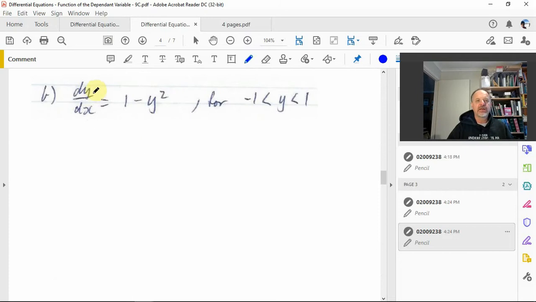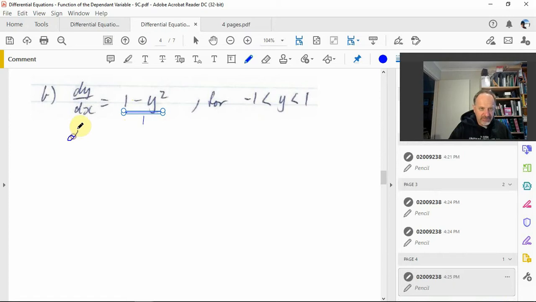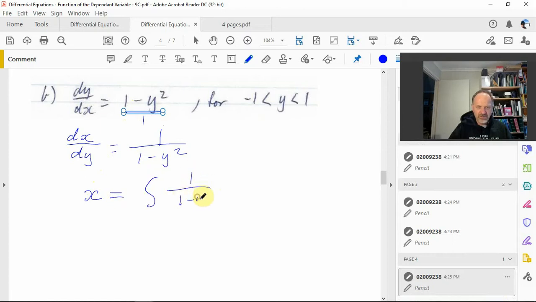All right, so again, dy dx, we'll think that's over 1, so flip both sides, dx dy is 1 on 1 minus y squared. Now anti-differentiate both sides with respect to y. We can go straight to x, and now we've got 1 on 1 minus y squared dy.